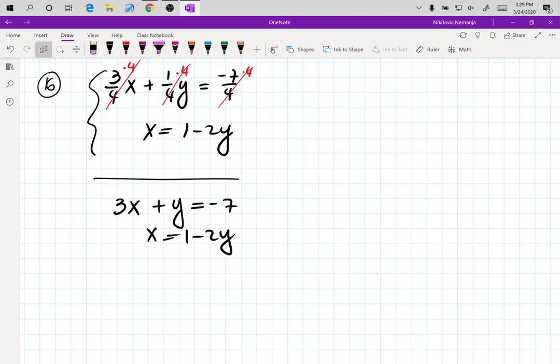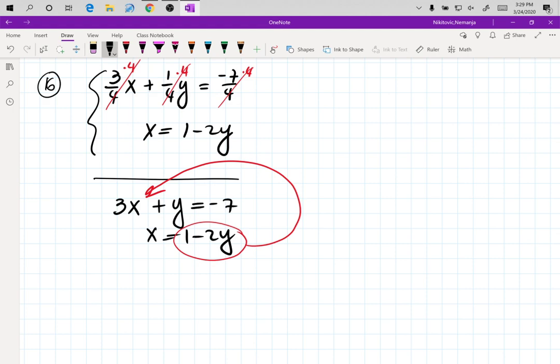So we are going to now plug the x value, which we have over here, into the x value here to solve this particular problem. And the whole problem now will be in terms of y.